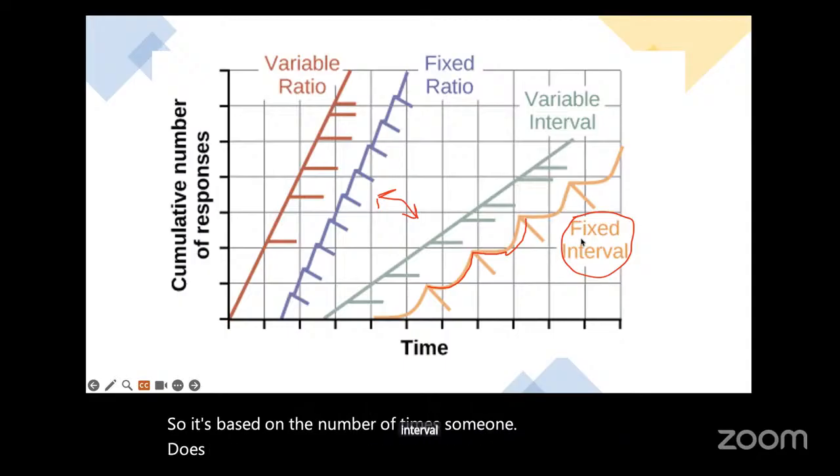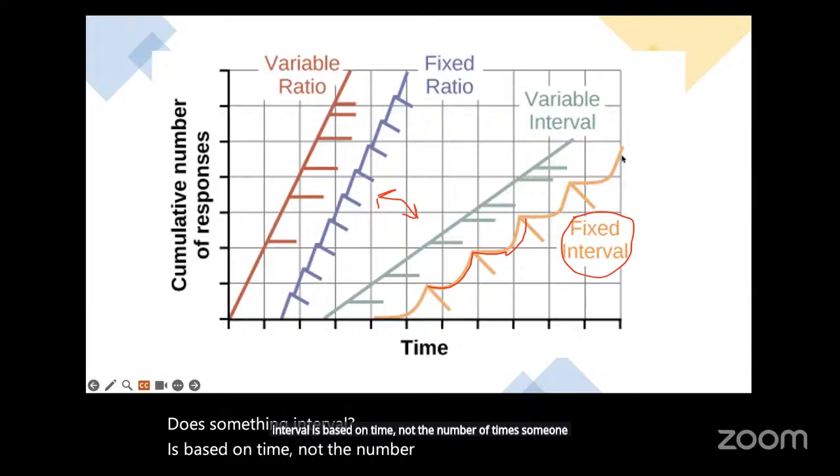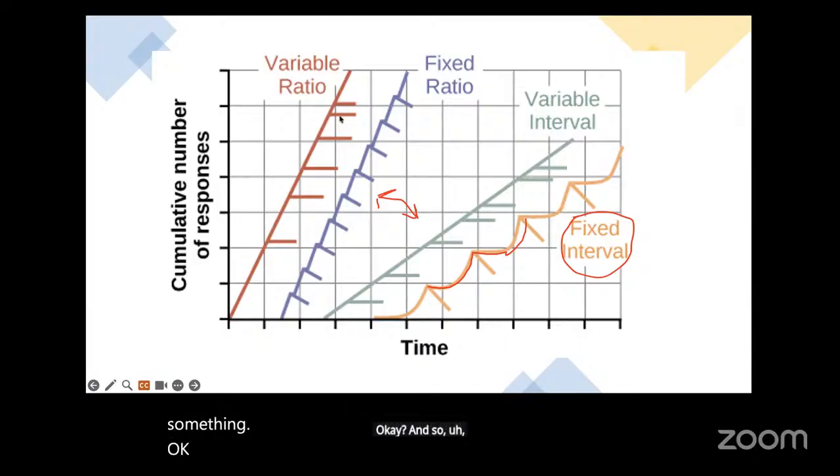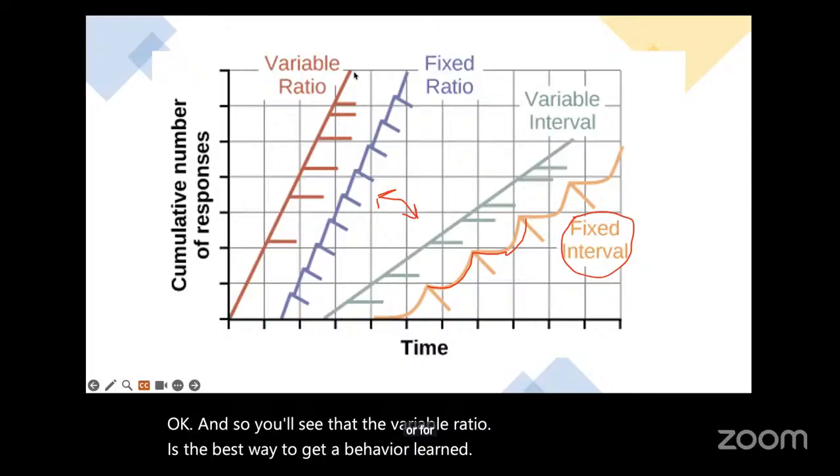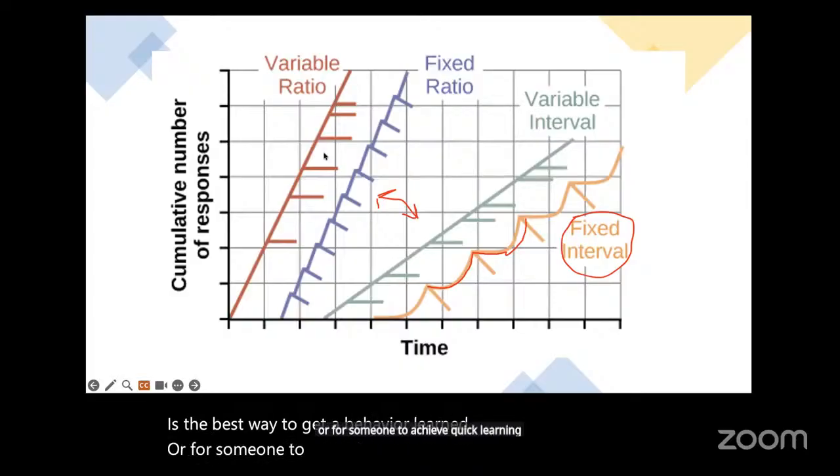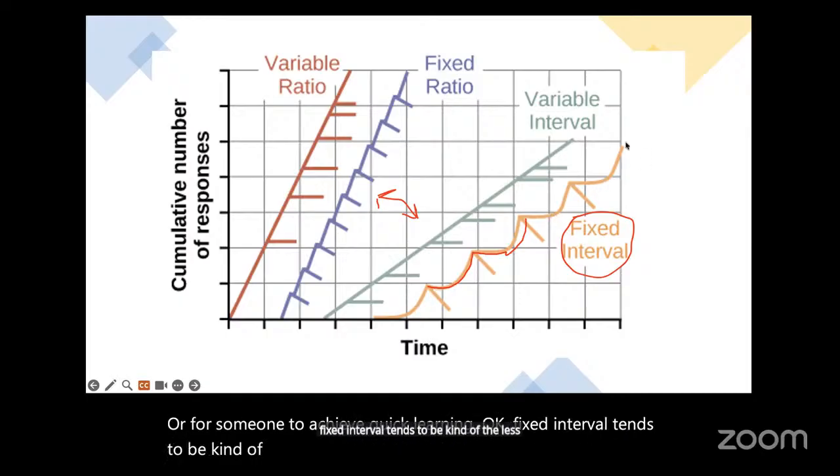Interval is based on time, not the number of times someone does something. Okay. And so you'll see that the variable ratio is the best way to get a behavior learned or for someone to achieve quick learning. Okay. Fixed interval tends to be kind of the less example.